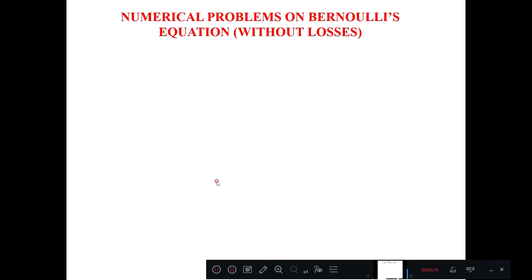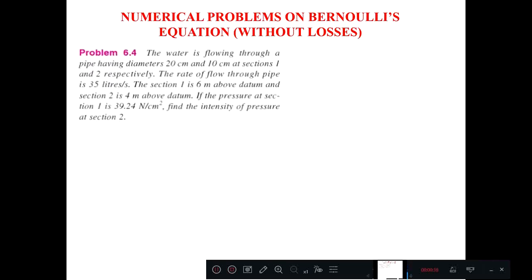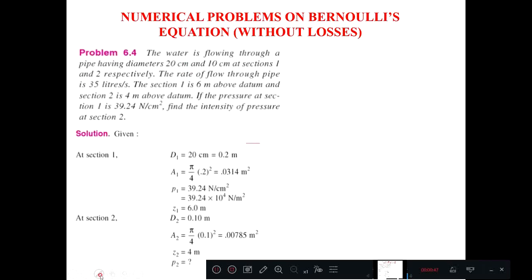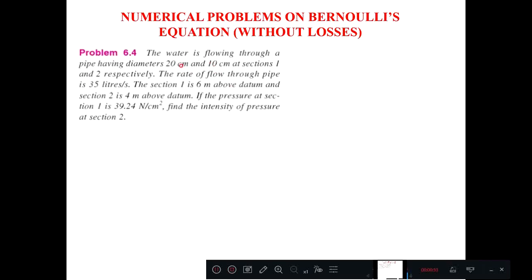Okay. So let us take the first numerical problem. Water is flowing through a pipe having diameters 20 centimeter and 10 centimeter at section 1 and 2 respectively.